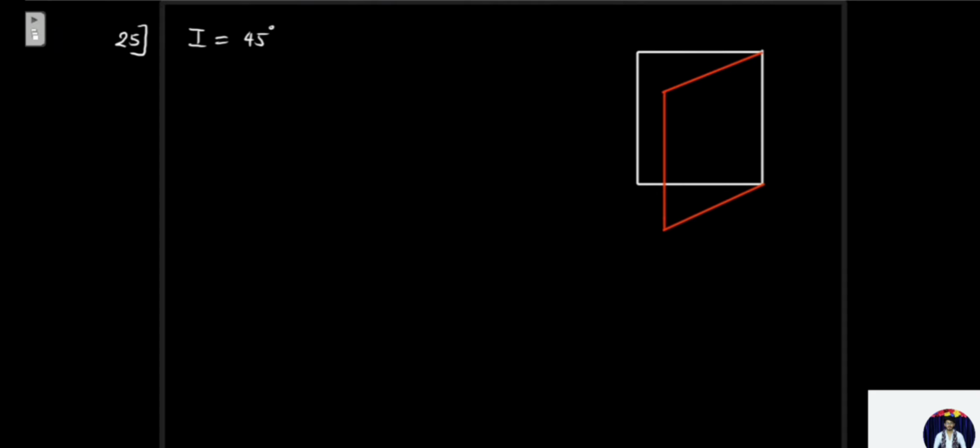The angle between the two planes is 60 degrees.